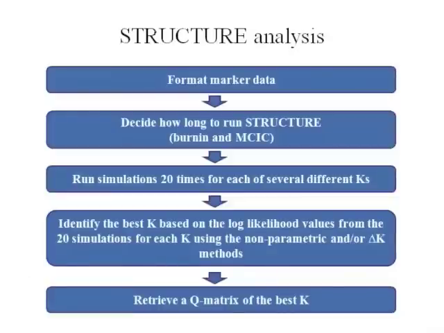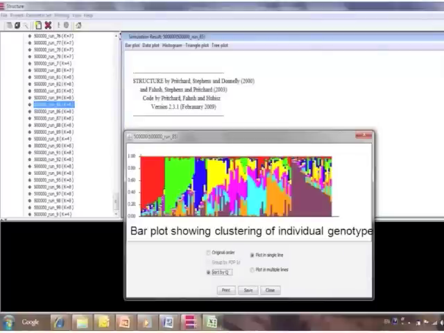The last step is to retrieve the Q matrix for the best K. This is another screenshot of the STRUCTURE program. At the left window, you can see the simulations you did.